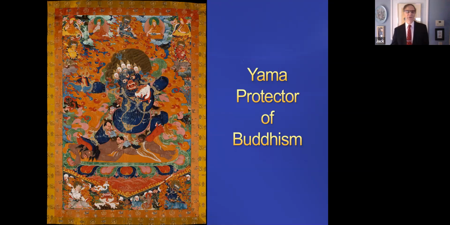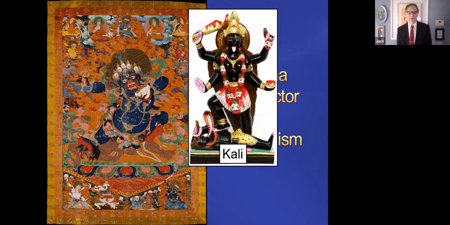And you can see this fierce-looking fellow trampling people under his feet, probably very much modeled around Kali, who was a very famous Hindu goddess of protection as well. And you can see it's very similar.